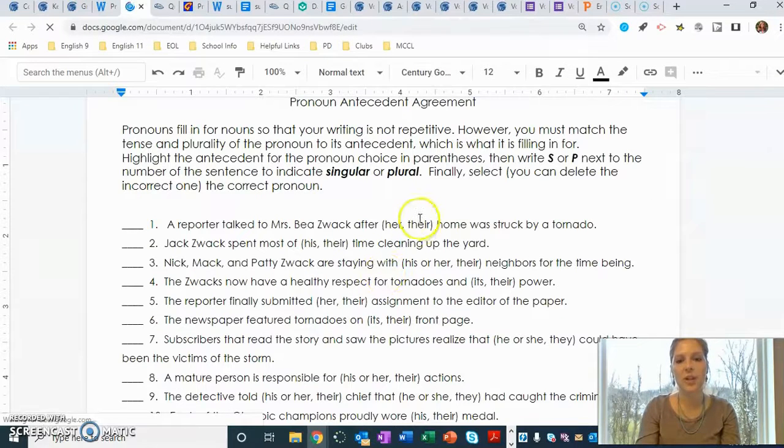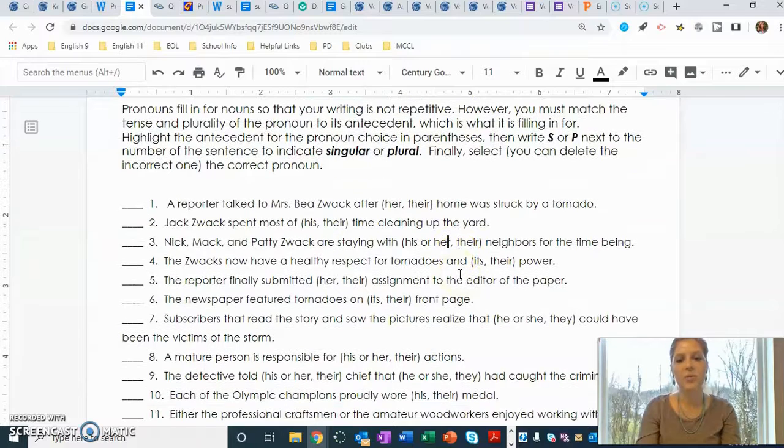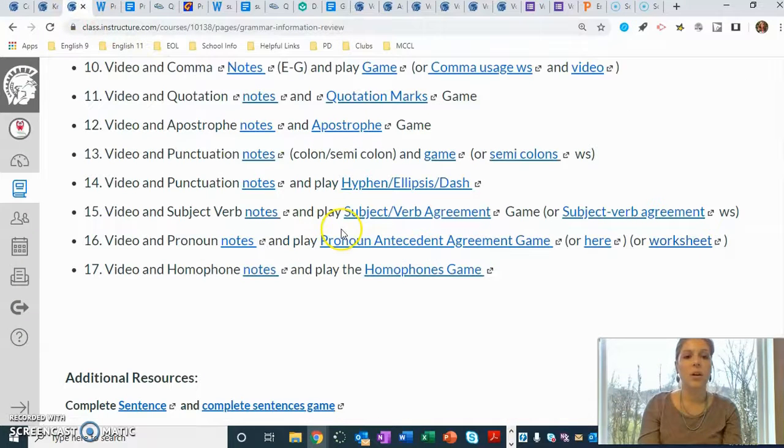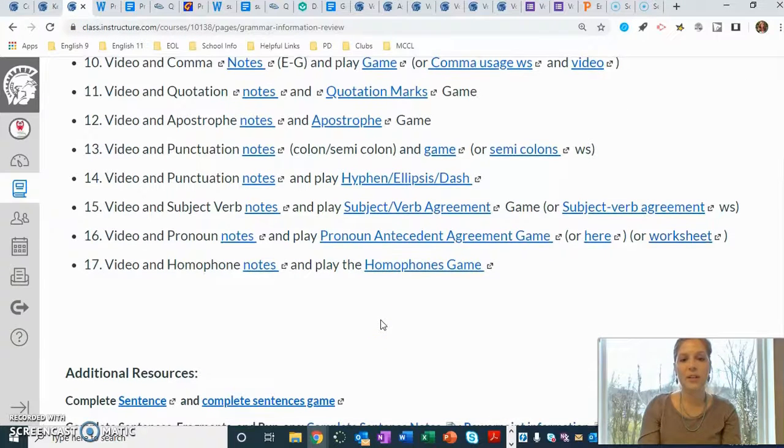You're choosing the correct pronoun, singular or plural, for each of these cases. And note, if the indefinite pronoun, such as everyone, is singular, it always is singular, you would use like his or her, because that's singular, instead of their, which is plural. Alright, so that is pronoun antecedent agreement.